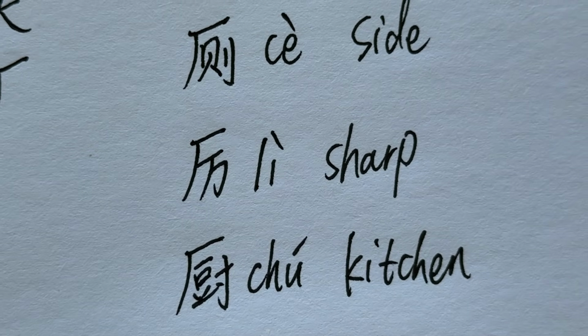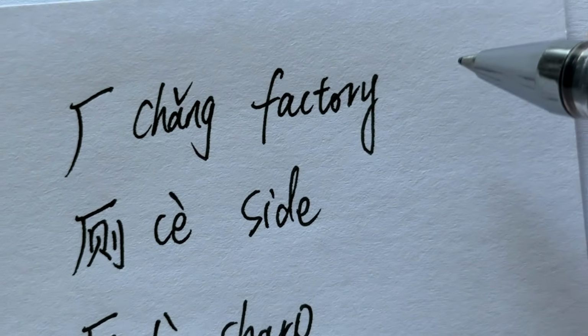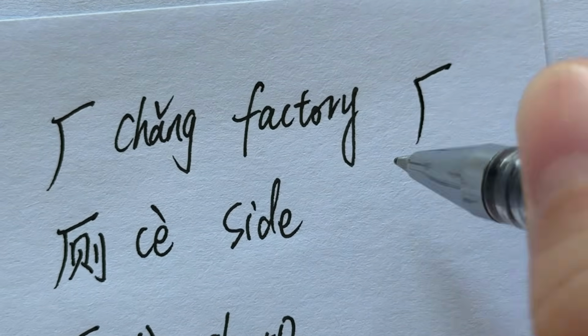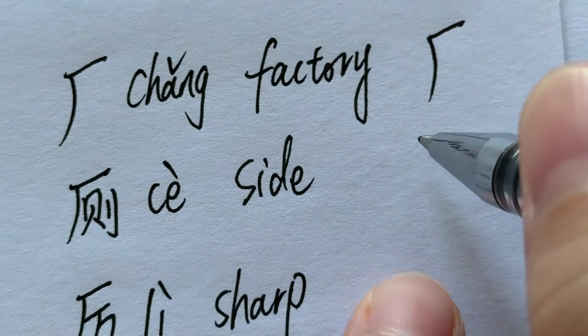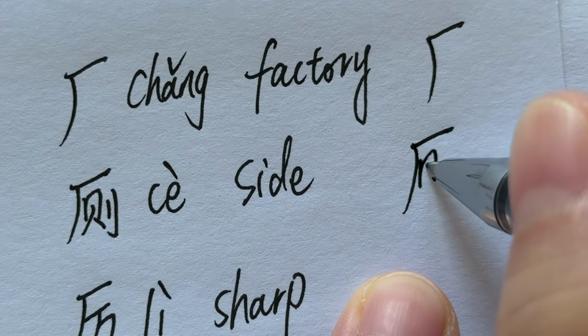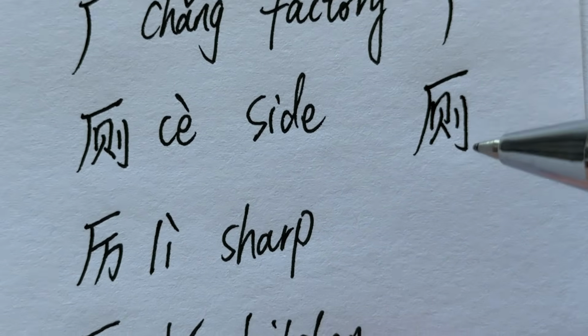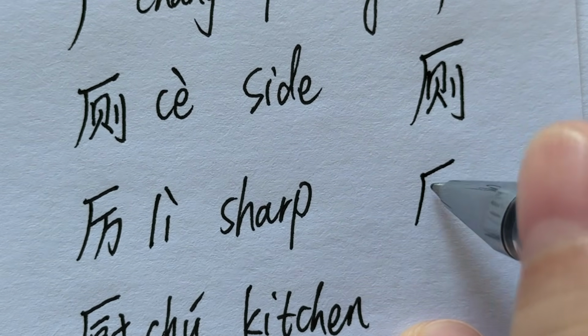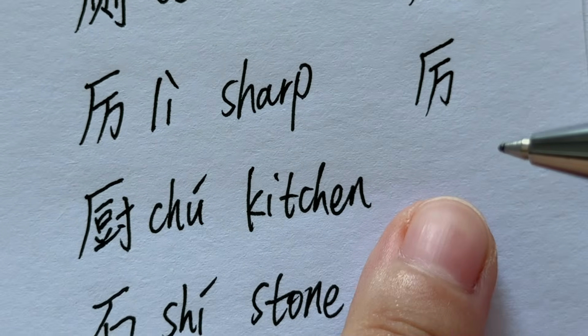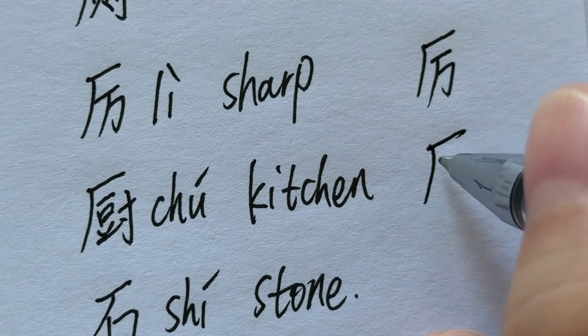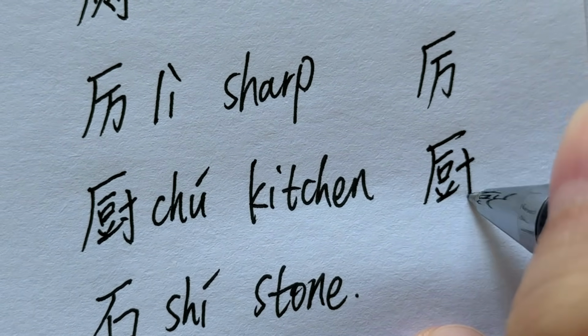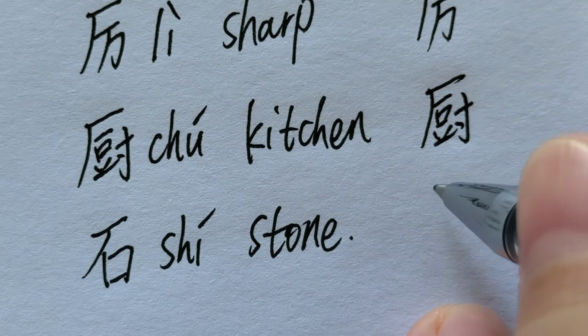Now let's write these 5 characters one by one again. 场侧力厨石.